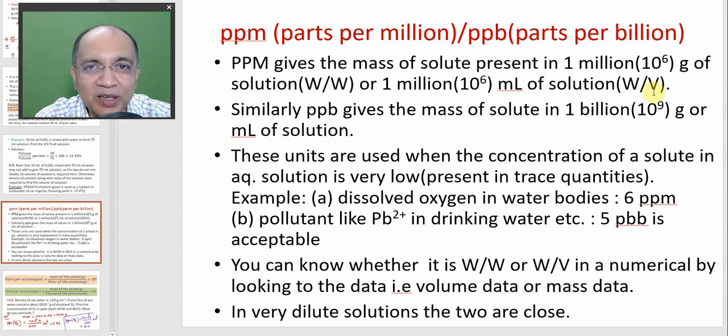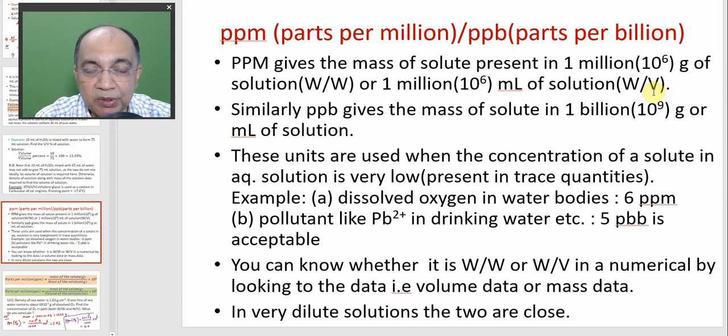That is so small that such concentrations are not expressed as W by V percent or W by W percent. It is expressed as ppb or ppm. And many contaminants like lead ion, copper ion, mercuric ion present in drinking water are so low that they are expressed in terms of ppm or ppb.